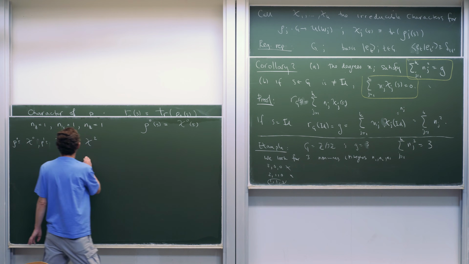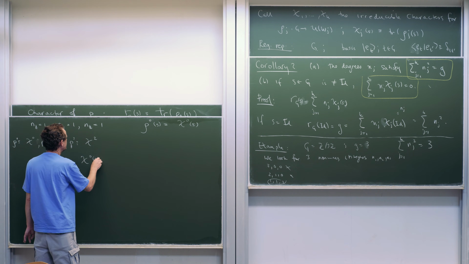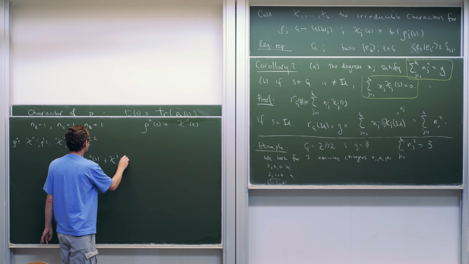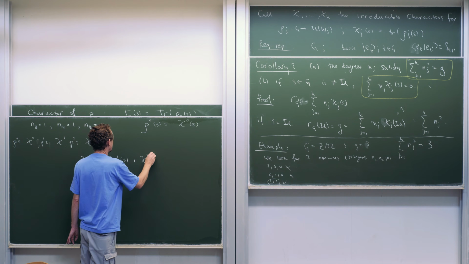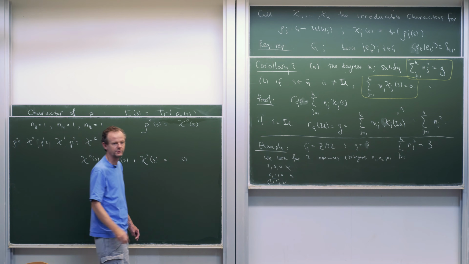So we've got chi0 s plus chi1 s plus chi2 s had better equal 0 for all s not equal to the identity.